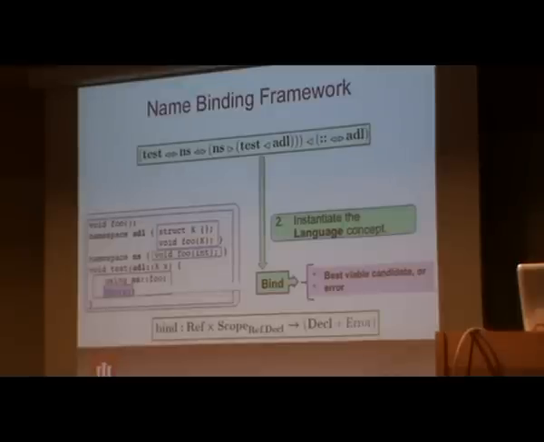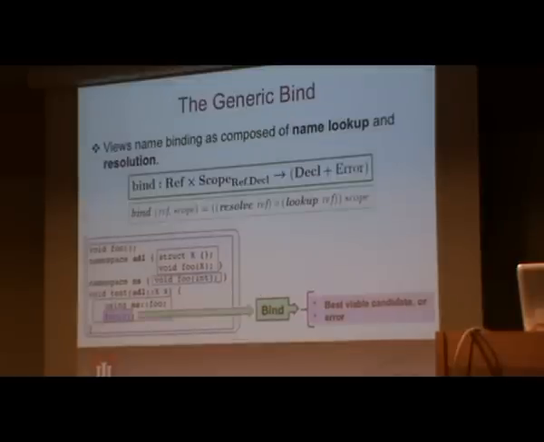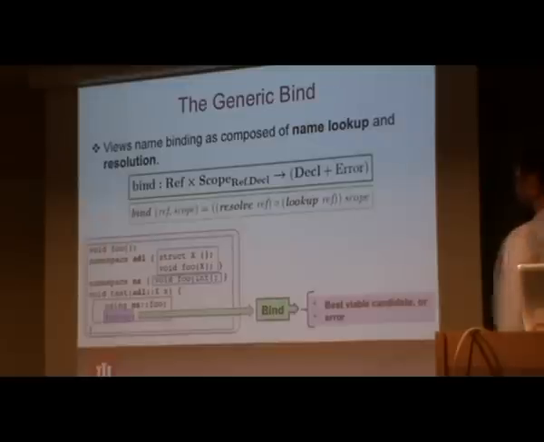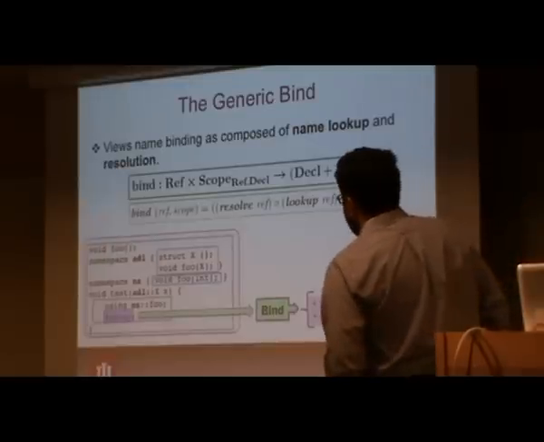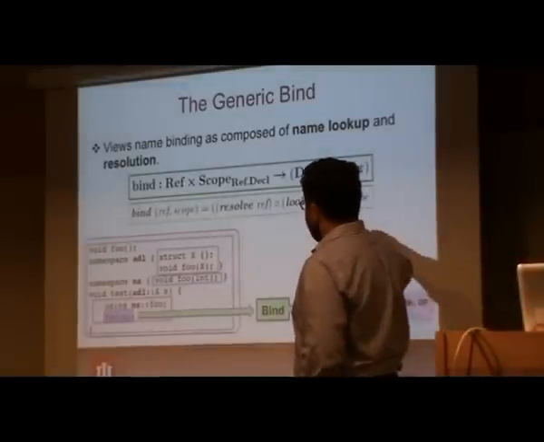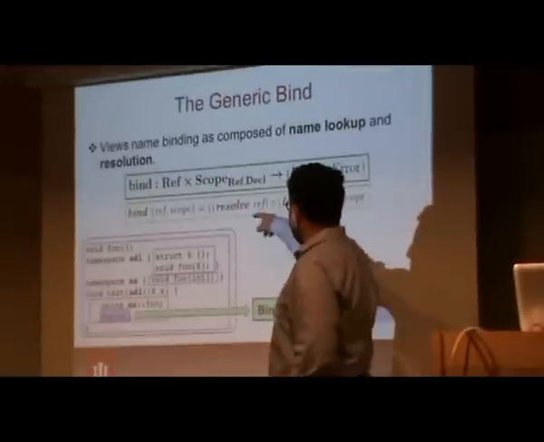So I will first talk about our abstraction of the language very briefly, to give you an idea what we are abstracting from. Our binding, like I said, is composed of lookup and resolve.